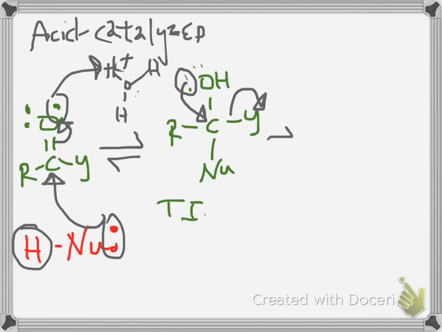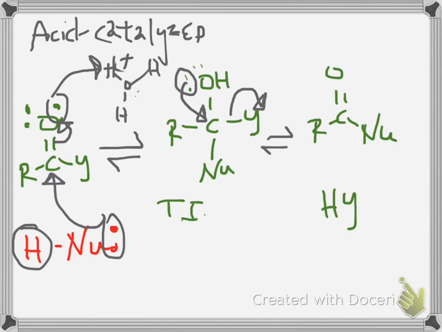So the collapse of the tetrahedral intermediate is going to result once again in a carbonyl group or an acyl group being trigonal planar. So now we have the R, the acyl group, and the nucleophile has substituted for whatever the Y group was. The other product would be the protonated Y leaving group.